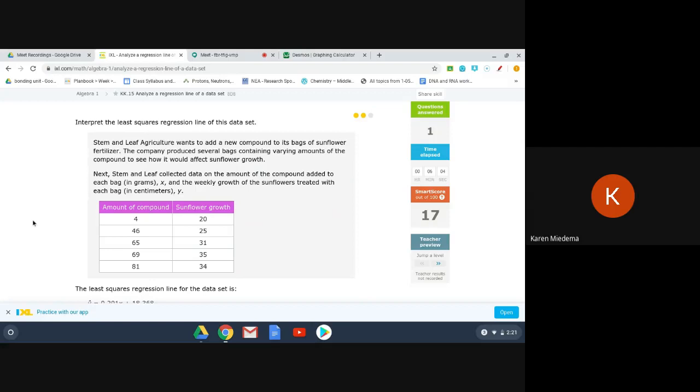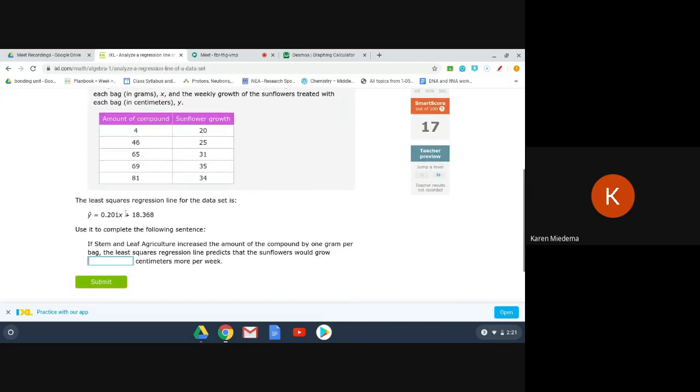Okay, now it says interpret the least squares regression line of this data set. So again, it has the same problem. We put this equation, which was correct, and now it says if stem and leaf agriculture increased the amount of the compound by 1 gram per bag, the least squares regression line predicts that the sunflowers would grow blank centimeters more per week.